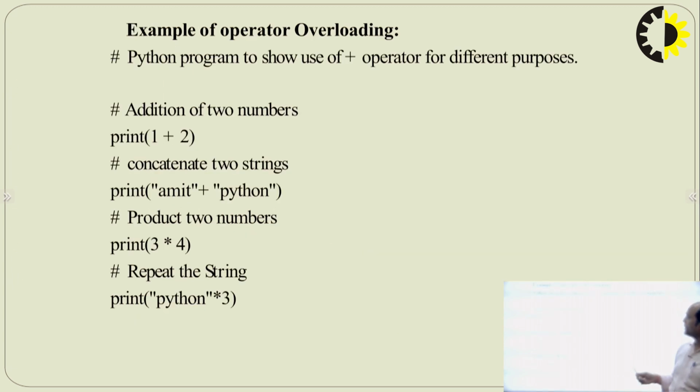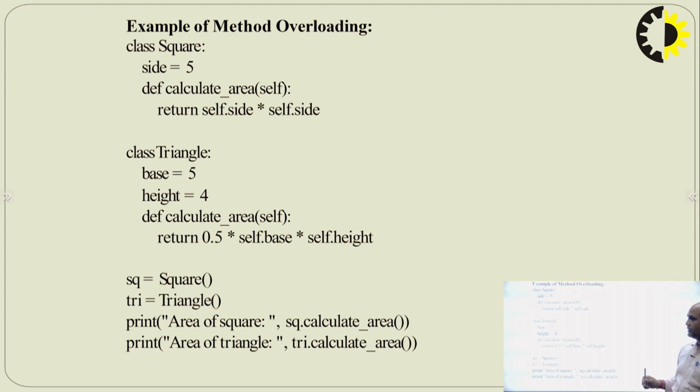This is the example of method overloading. Here we use two classes, square and triangle. In the square class, we create the attribute side equal to 5 and the method calculate area. Then we create one more class, triangle, with the attributes base and height, and we calculate the area of the triangle.